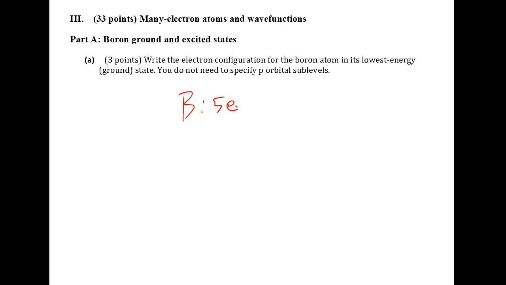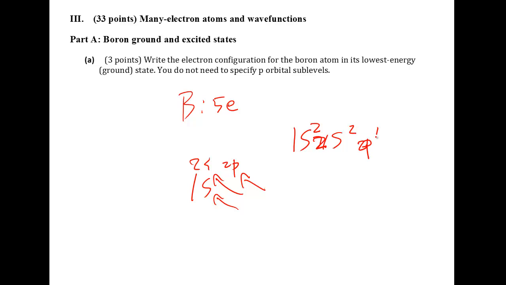Those 5 electrons fill up the lowest possible energy orbitals, and that is 1s, 2s, and 2p. We know that 2 electrons can fill up one orbital. So 2 electrons fill up the 1s orbital, 2 electrons fill up the 2s orbital, and 1 electron fills up the 2p orbital.